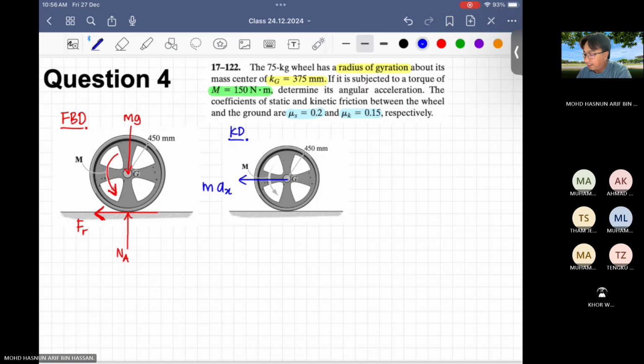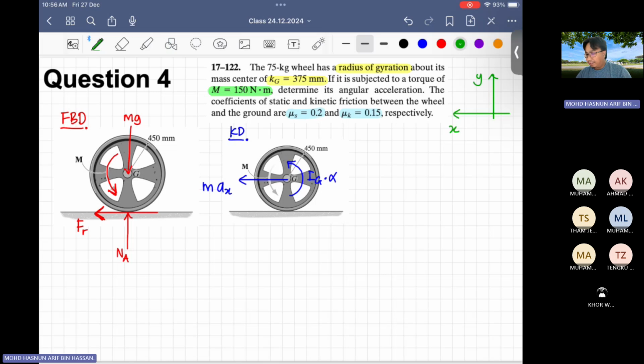And then there is no motion up and down, so there is no MAY. And we have a rotation here, so this is IG times alpha. Right. And our coordinate system in this case, let's define positive X to the left, following the movement of the object, and positive Y pointing upwards like that.